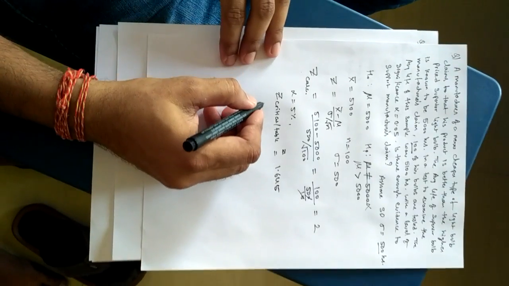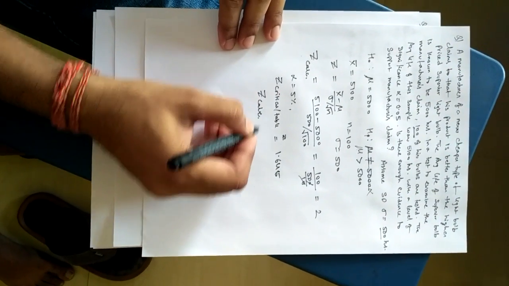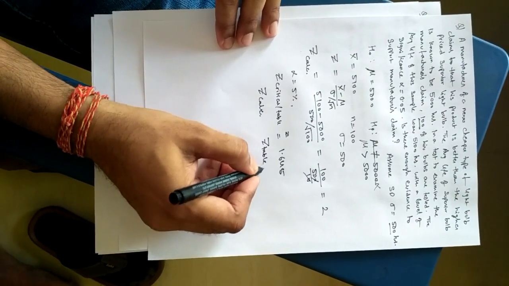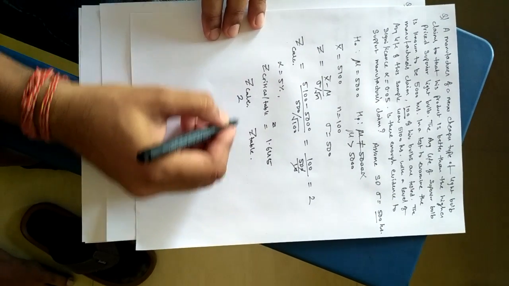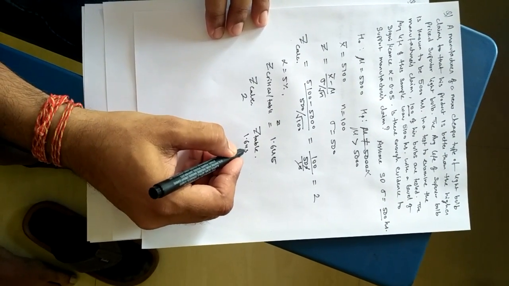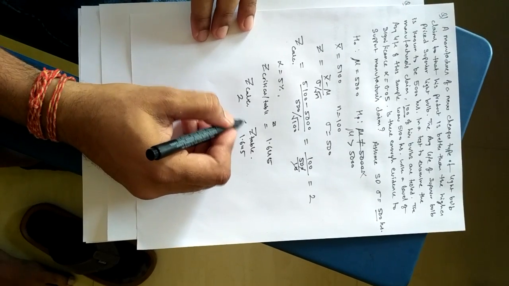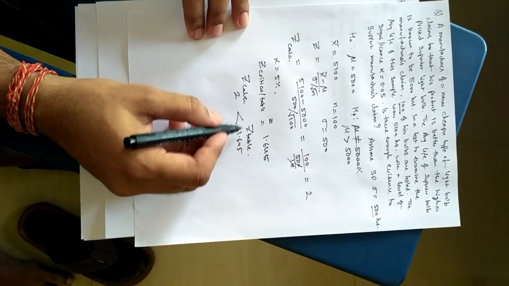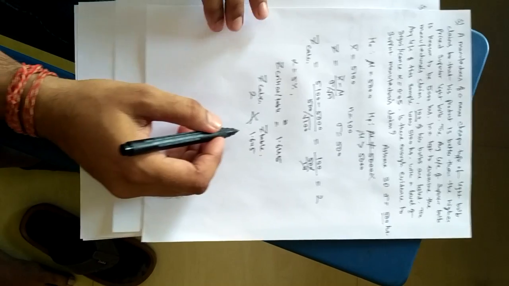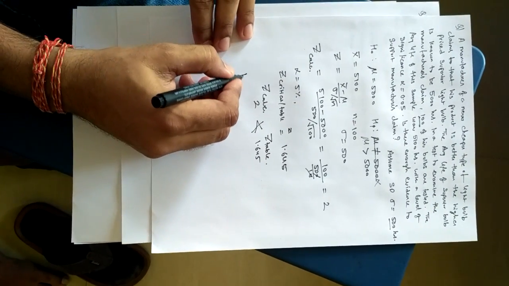Now we compare the Z calculated value with the Z table value. Z calculated is 2 and Z table is 1.645. Does the relation for acceptance hold between the two? No. So my null hypothesis is rejected.